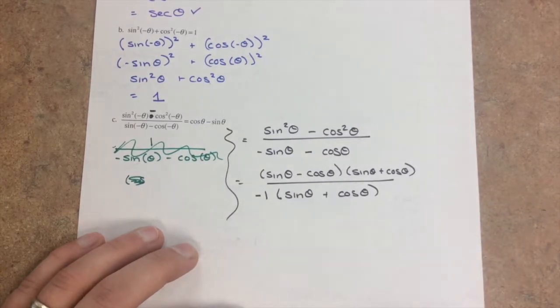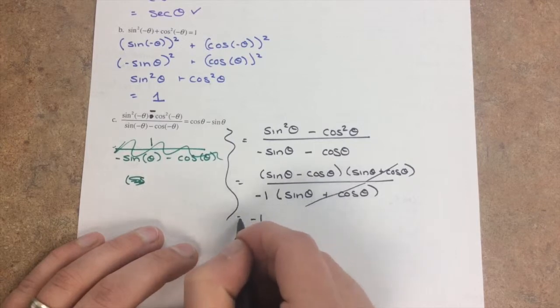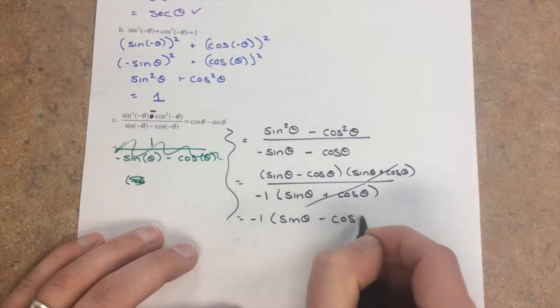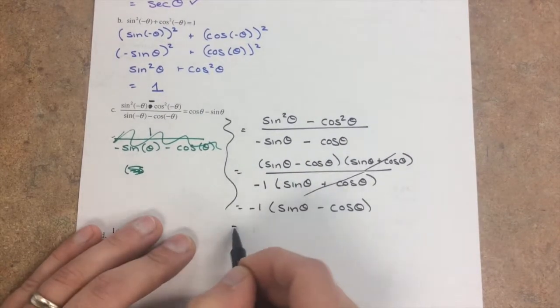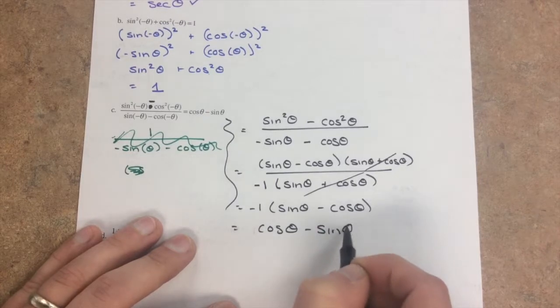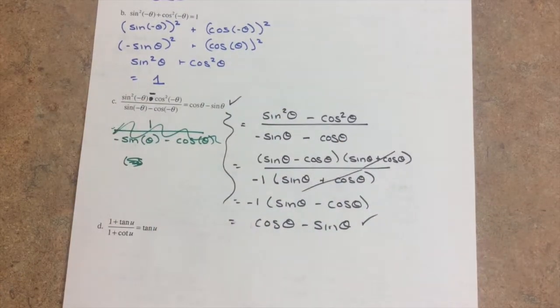These now cancel, and I'm left with negative 1 times sine theta minus cosine theta. So I'm just going to switch the signs, and that gives me cosine theta minus sine theta, which is what we want at the beginning, which makes this nice and easy to do.